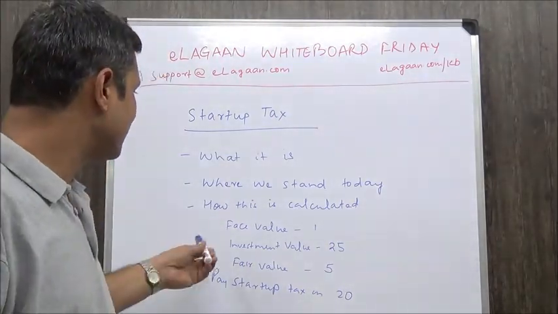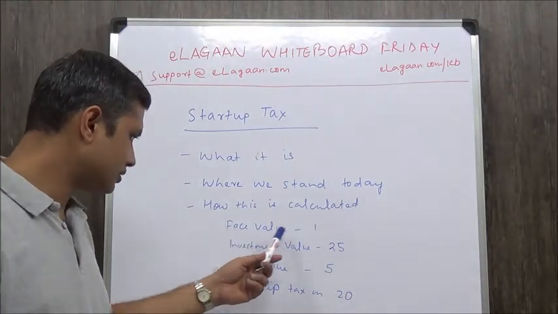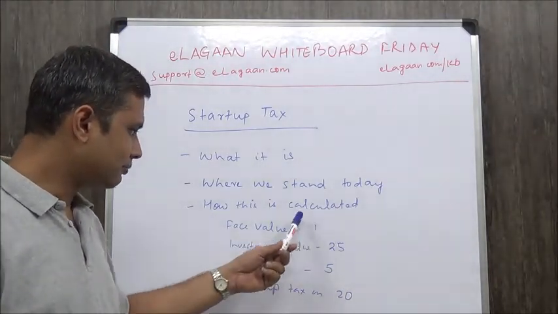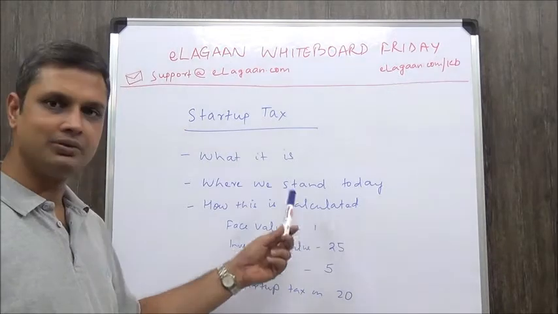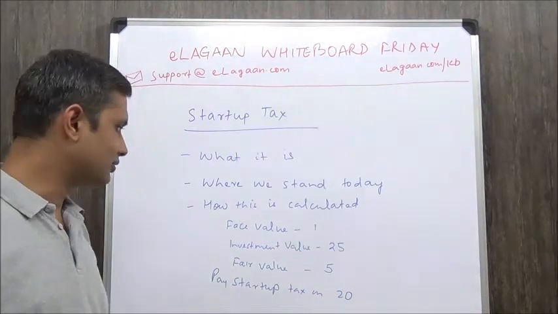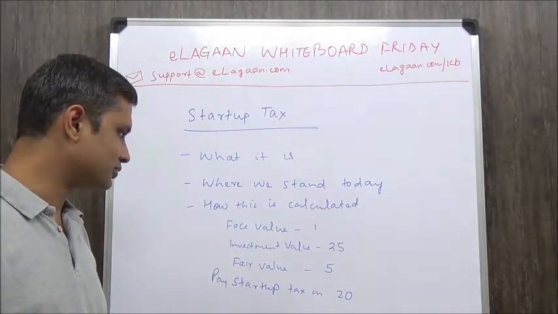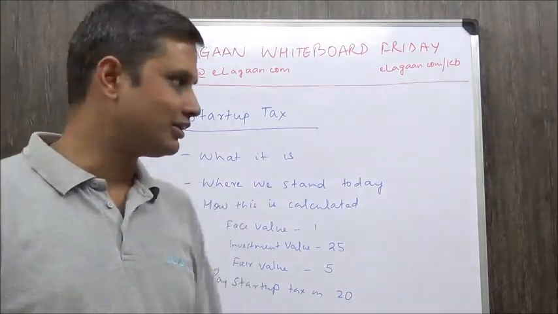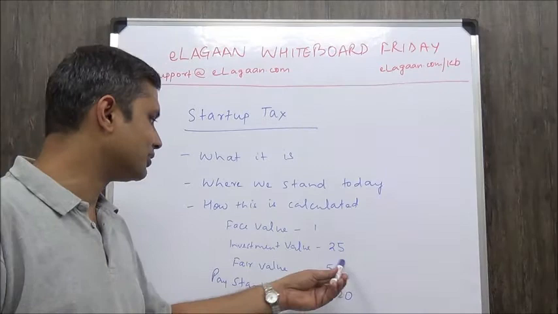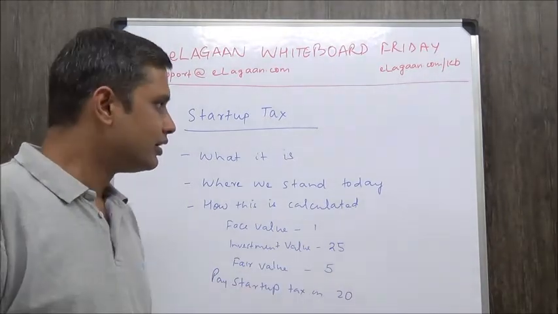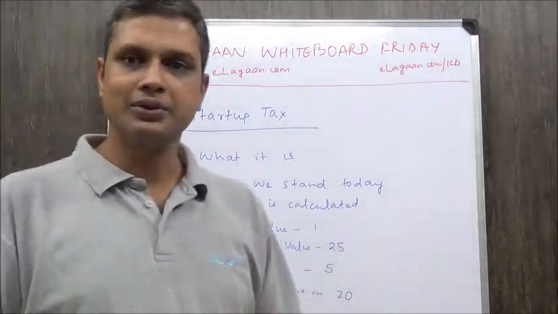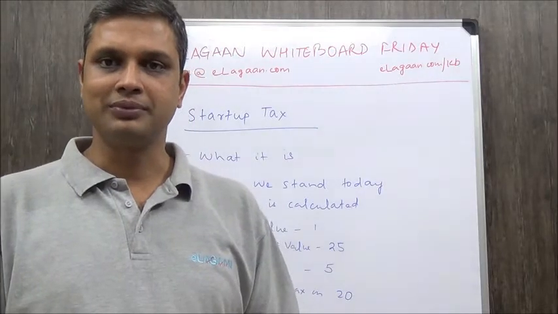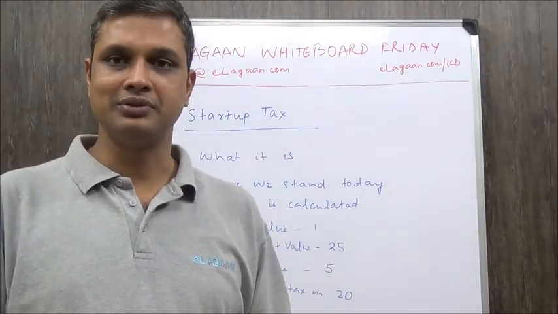Now let's consider your company was incorporated with shares with a face value of ₹1. And when you took investment, in the first round, you took investments to the tune of 25 rupees per share. Now, the fair value of the company could be pretty low.